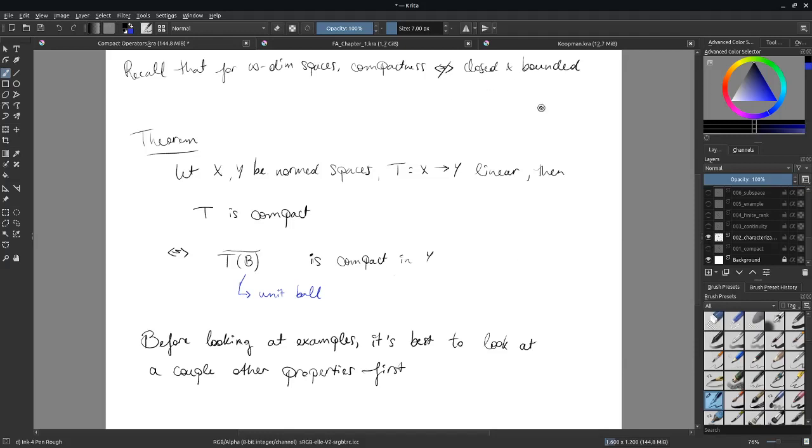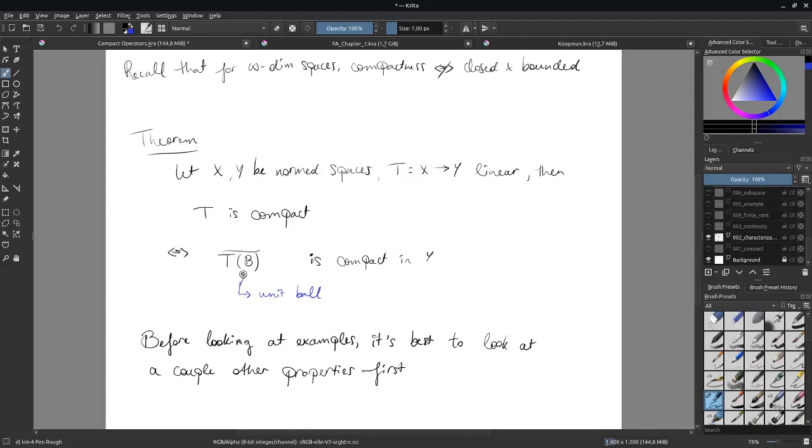It's still the case that compactness implies closed and bounded, but the other way around is a bit more tricky. So our first theorem is that for X and Y being normed spaces and T being a linear map between X and Y, T being compact in the sequential compactness definition is strictly equivalent to the closure of the image of the unit ball under T being compact.